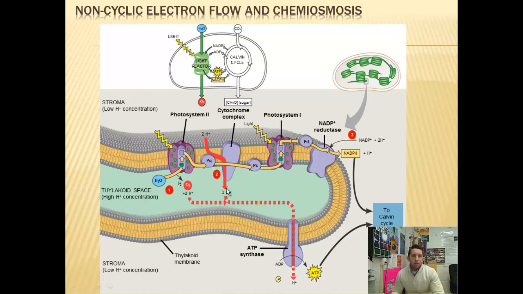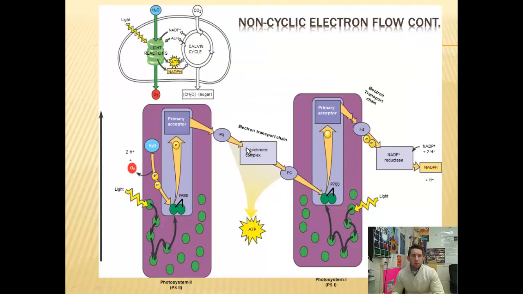This concentration gradient is compounded by the fact that when electrons are passed from the primary electron acceptor of photosystem 2 to plastoquinone to the cytochrome complex, remember, right here, it's just a different drawing. I'm showing you two different perspectives here.